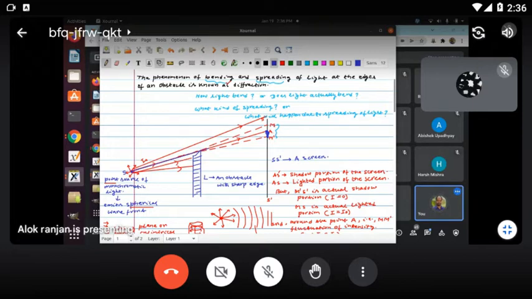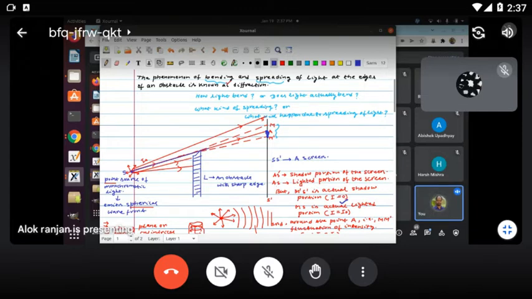So overall, the portion around this point A, that means M to M prime on both sides of the screen, is where the intensity fluctuates, and that phenomenon is diffraction. And M prime S prime should be completely dark, the intensity will be 0, so it is actually the shadow region.